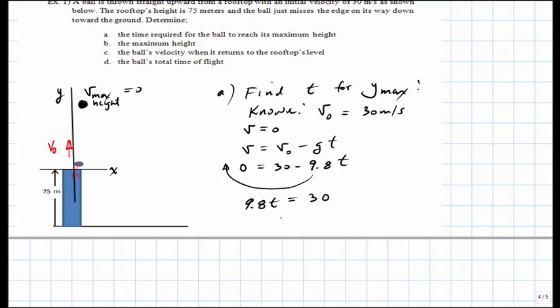And if we solve this by dividing both sides by 9.8, we obtain a value of 3.061 seconds. And we'll note that this is the time required to reach maximum height. In part B, we would like to determine the maximum height.